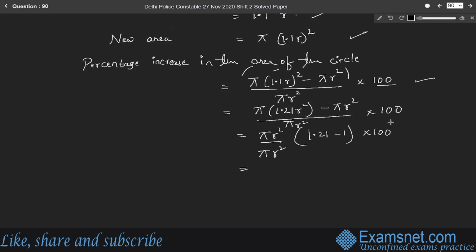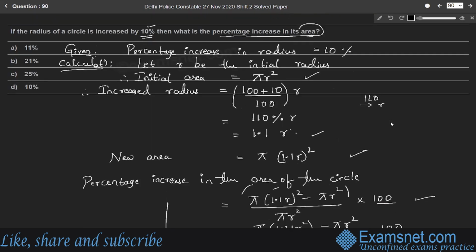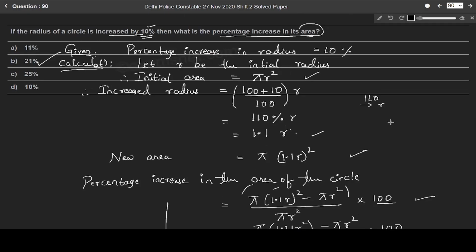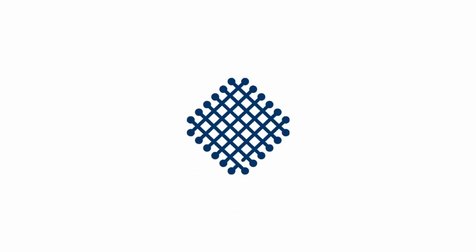This becomes 1.21 minus 1 is 0.21, into 100 is 21. So 21% is the percentage increase in the area of the circle if the radius of the circle is increased by 10%. Therefore, the answer is 21%, option B.